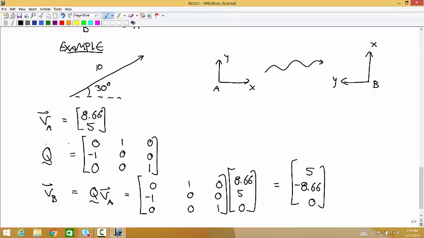Okay? So that's a general definition of the rotation matrix.